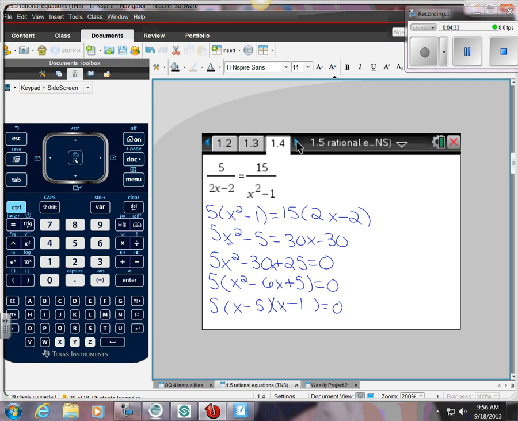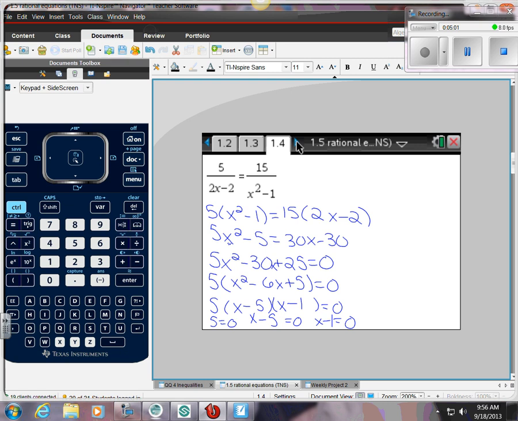Great. Now what? Good, I want to take everything, set it equal to 0. What's that rule called? Zero product rule. Okay, so we take each factor, and we set them equal to 0. I guess I don't need parentheses. That's just a habit of mine. Each factor gets set equal to 0.